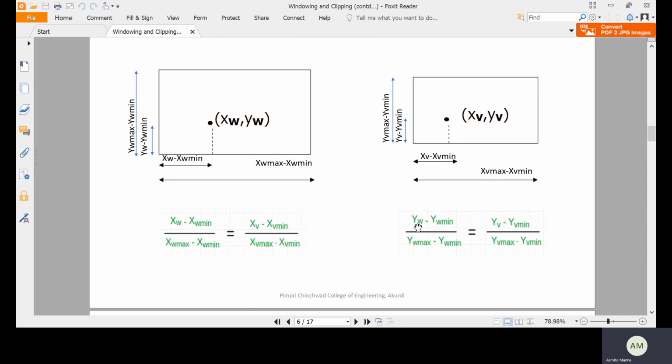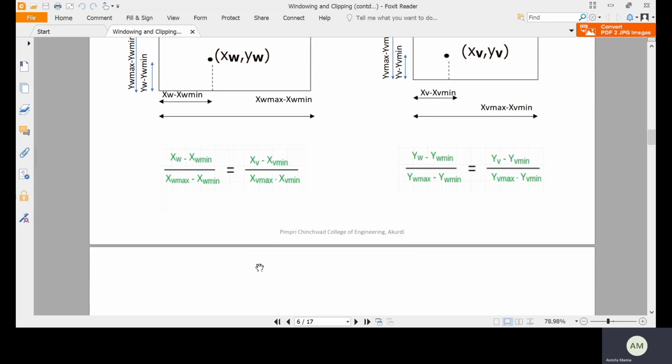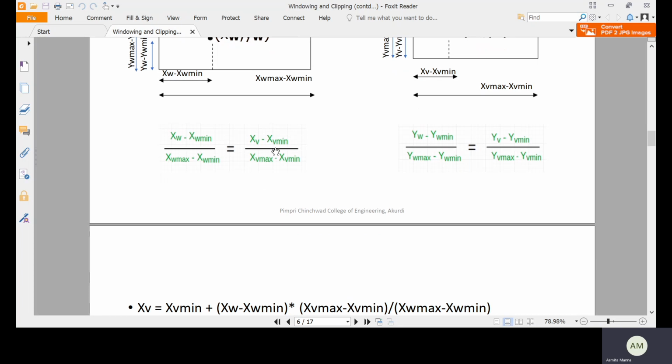So yw minus yw min by yw max minus yw min should be equal to yv minus yv min by yv max minus yv min. So this is the calculation for xv and yv. Now from this equation we have to calculate the value of xv and yv. So let us take this portion.